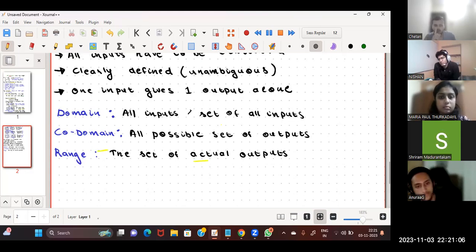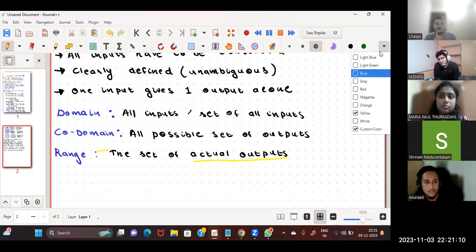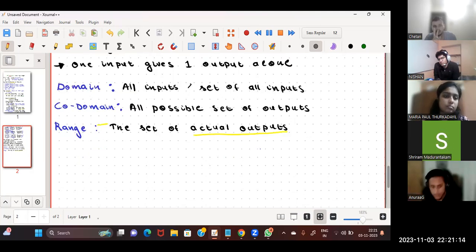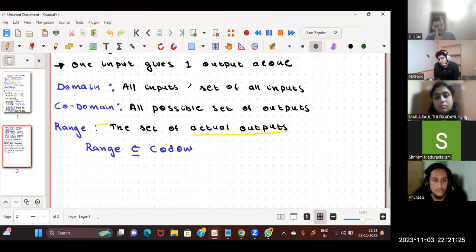One-to-one says for every input, you will get only one unique output. You will not get the same output for any two inputs. That's one-to-one. For two inputs, you will get two separate unique outputs. You won't get the same output for two inputs.